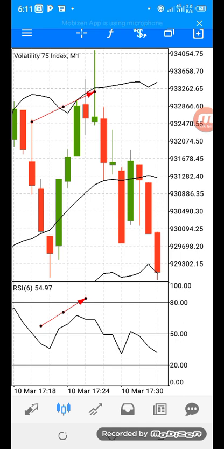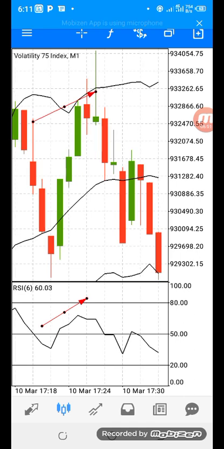But for you that want to grow your account, possibly you have $50 that you want to grow, you can as well be using this, but you need to check many volatilities in order to get signals.